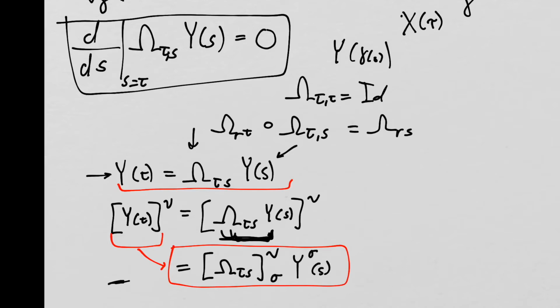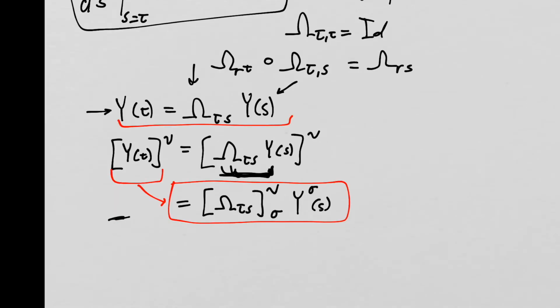And in particular, since it's a function of s, taking its derivative with respect to s, we're going to ultimately see that is going to define the equation for parallel transport. So we have this expression for the components of y of t.